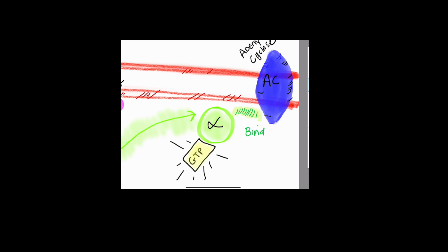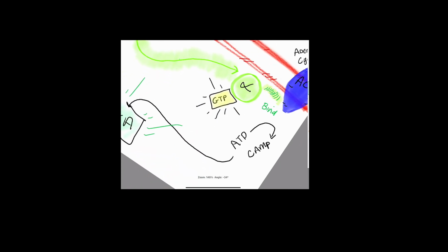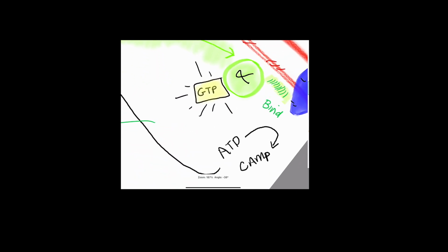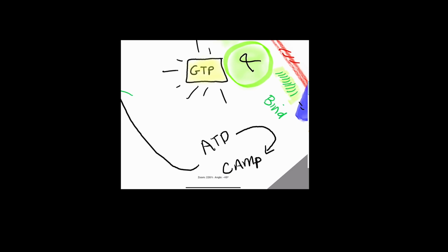So what adenylate cyclase does is it will take ATP in the cell and it will convert ATP to something called cAMP, which is also called cyclic AMP. Okay? So cAMP is a secondary messenger.